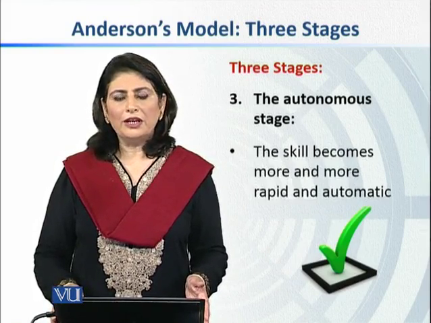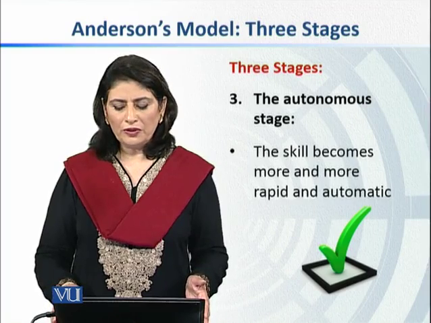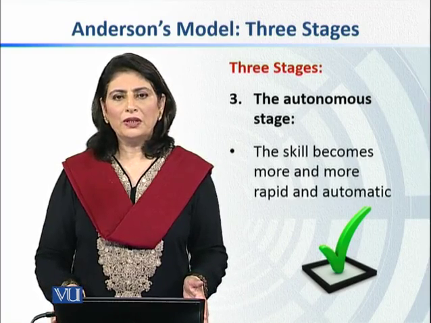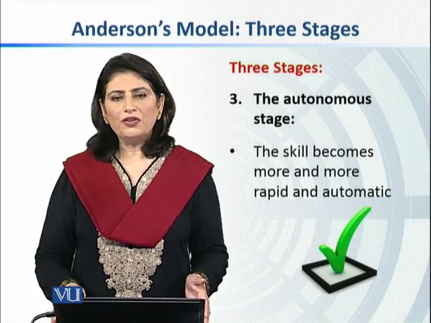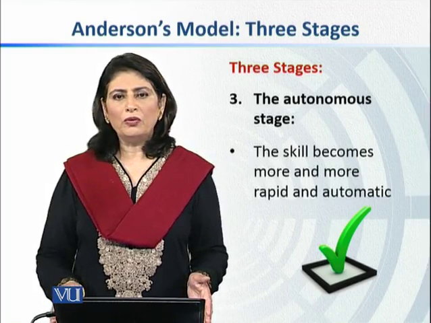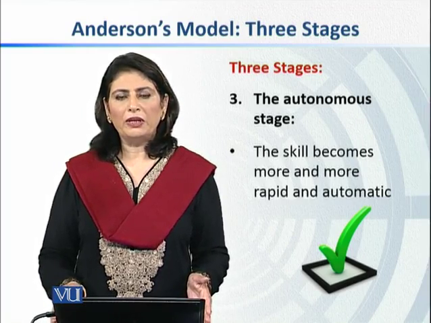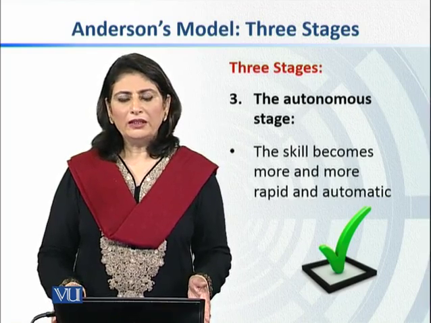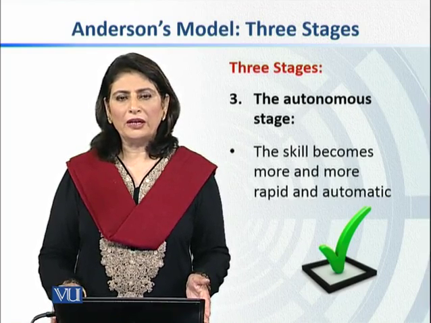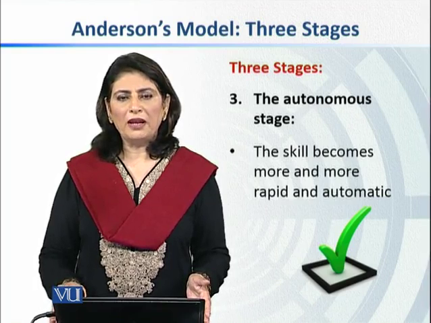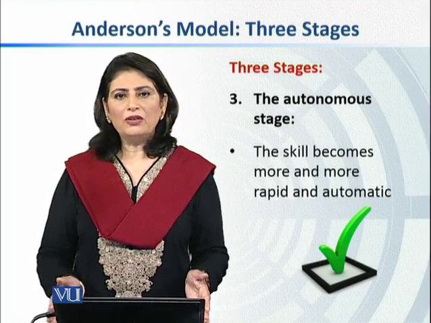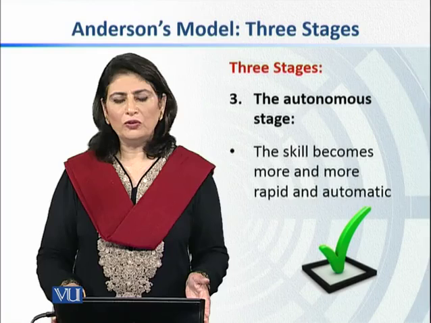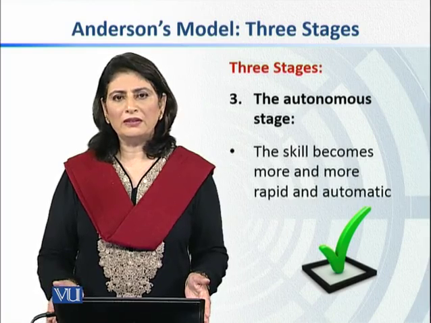The third stage, Anderson argues, is the autonomous stage. The autonomous stage is the stage when the rules of the language have been learned so well that when the child or the adult is applying the rules, they don't even think about the rule that is there.